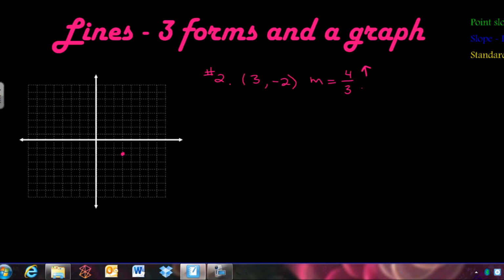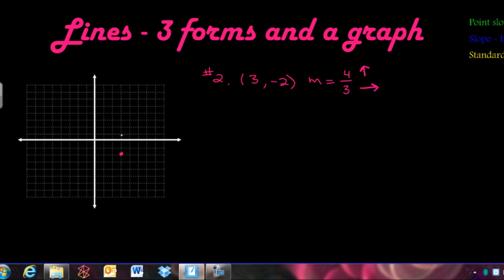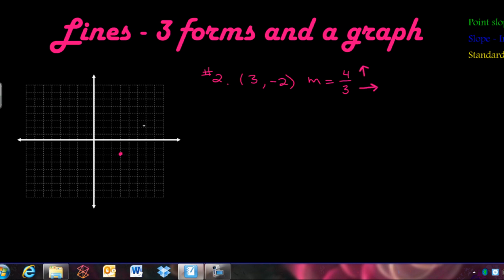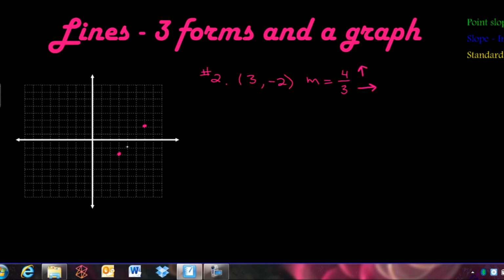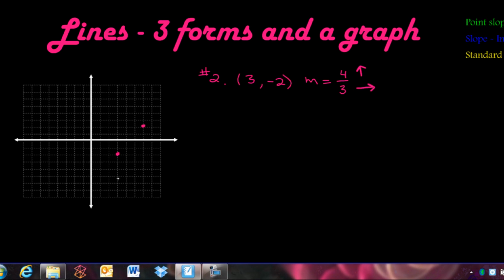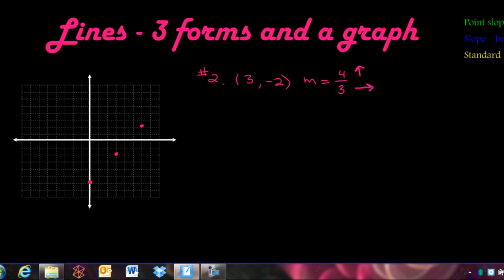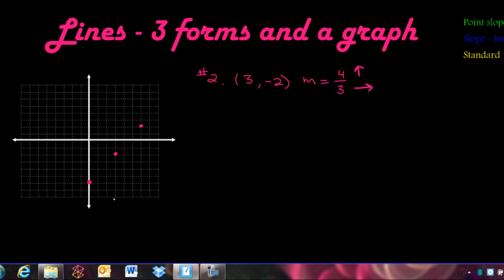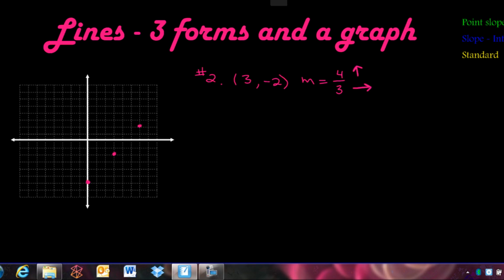This means you're going to rise up 4 and run 3. And you end up there. Now, you can also go down 4 and back 3, and you'll end up on the same line.